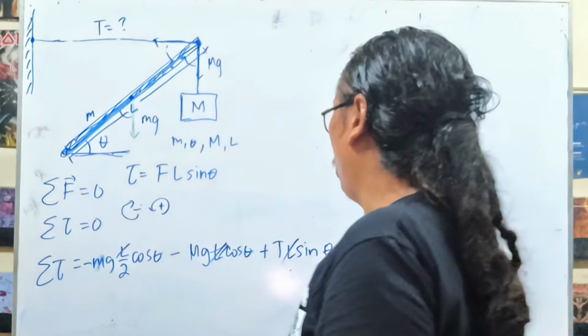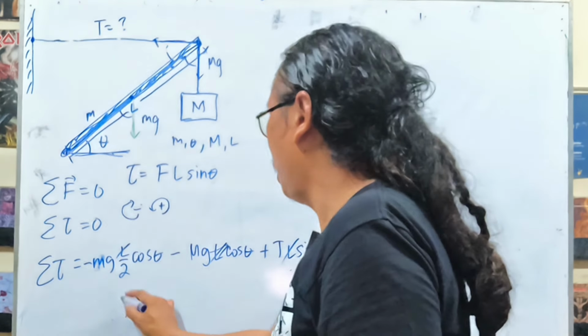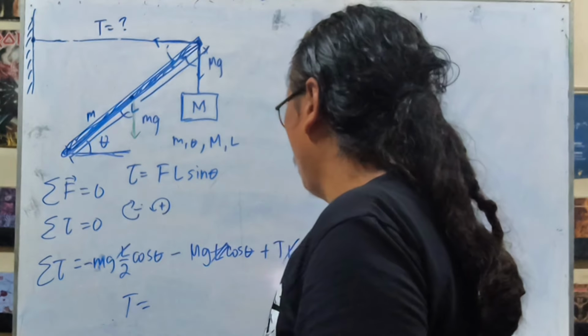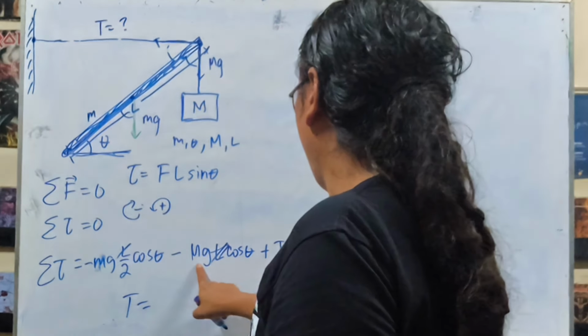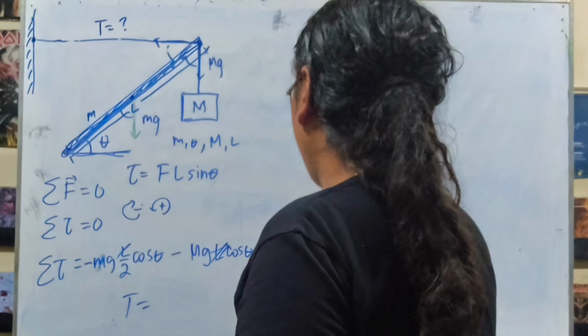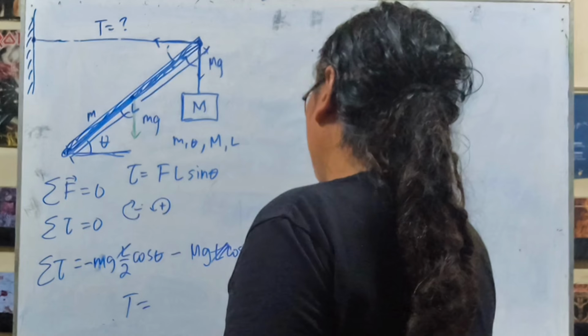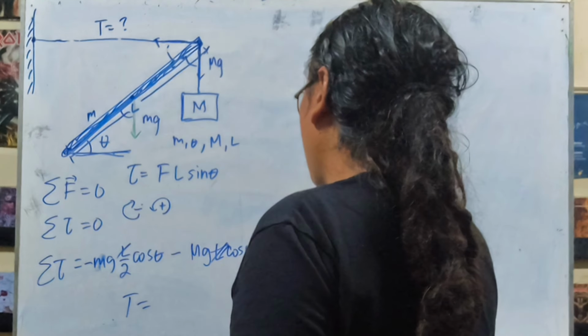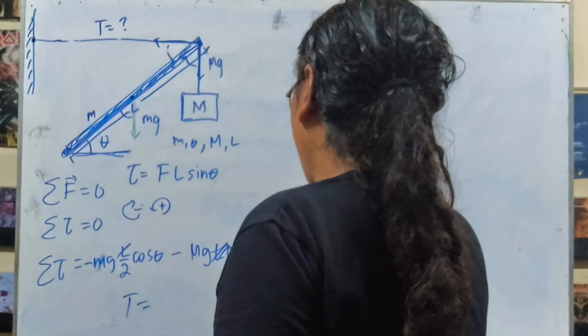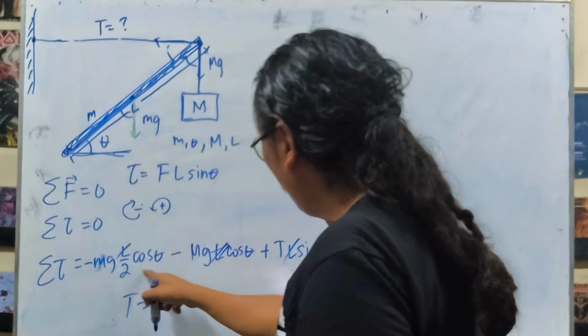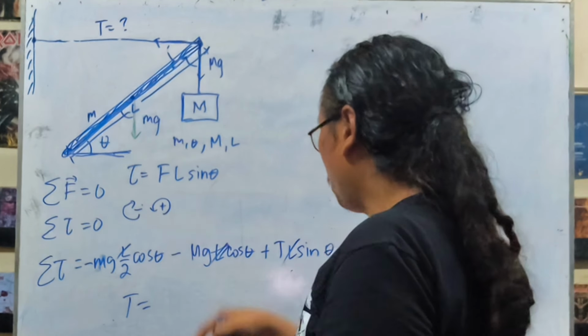So T is equal to, moving it here, mg cosine theta plus small mg cosine theta over sine theta. Cos over sine is cotangent.